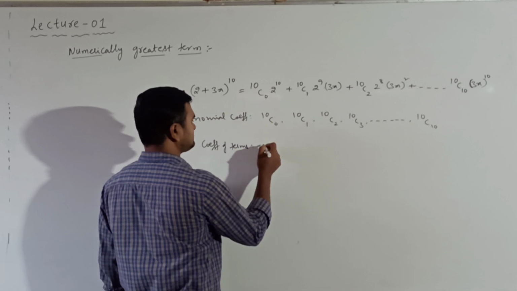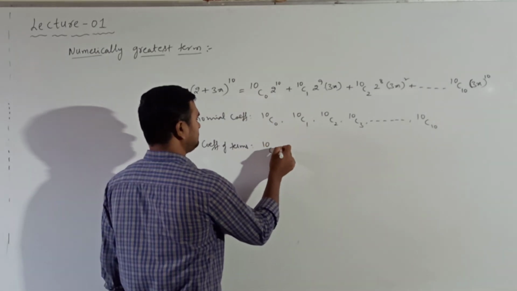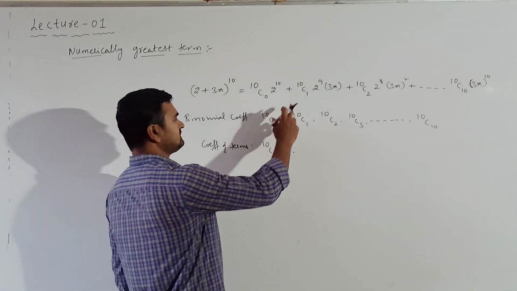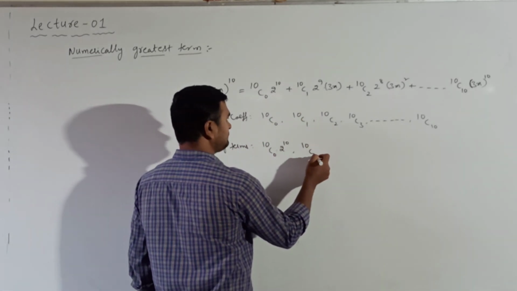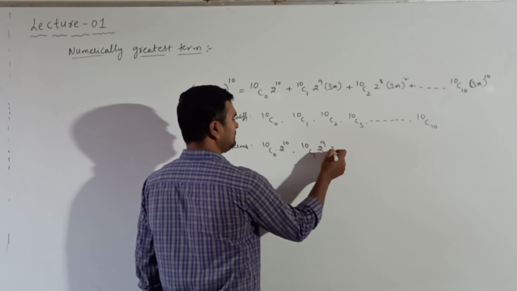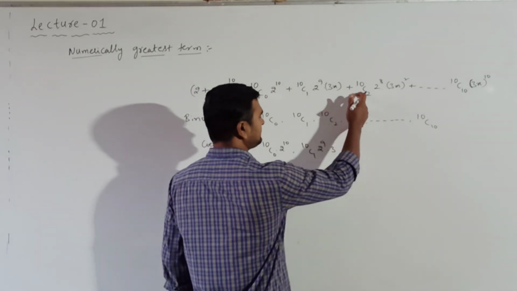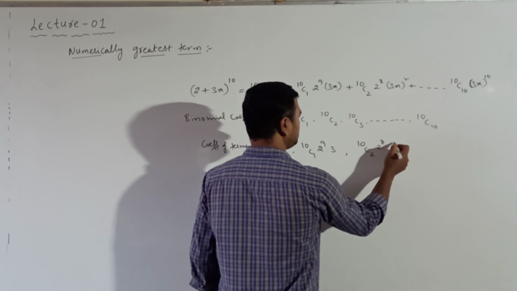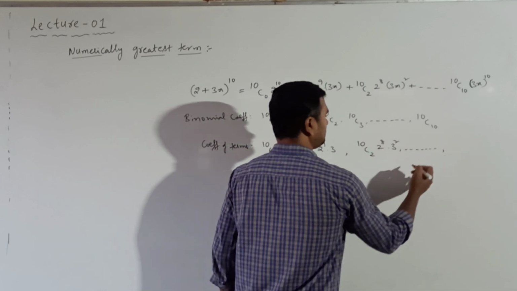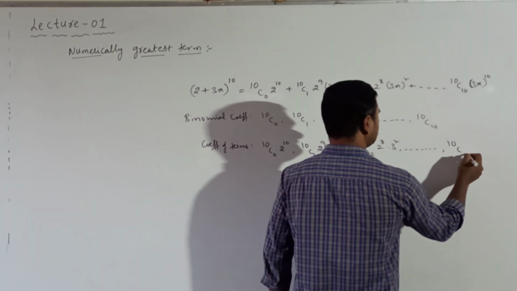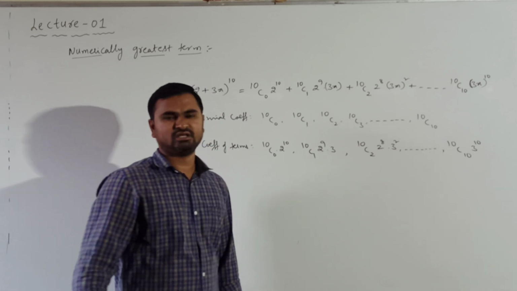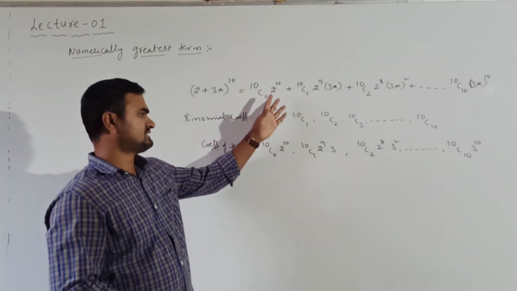In the first case, 10C0 into 2 power 10 is the coefficient. Next, 10C1 2 power 9 into 3. Next, 10C2 2 power 8 into 3 square, and so on. For the last term it is 10C10 into 3 power 10. x is the variable, 2 and 3 are constants.